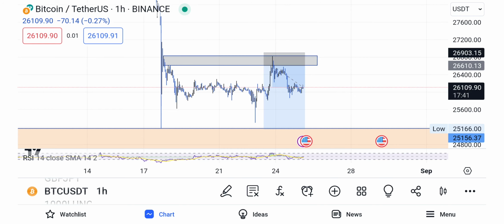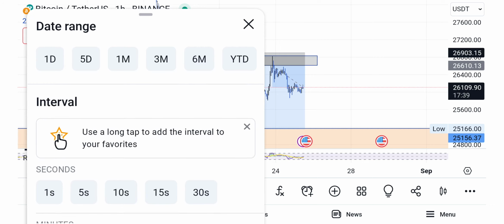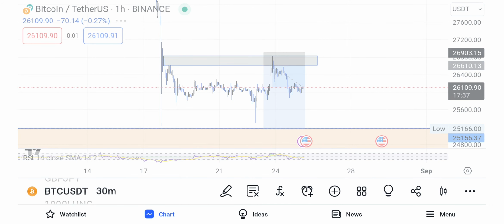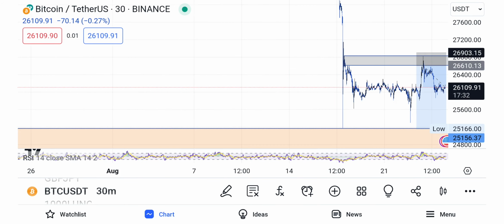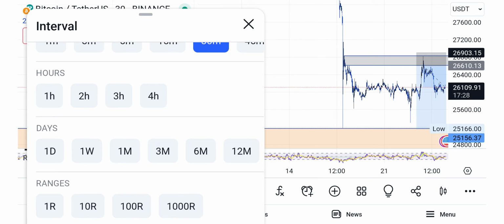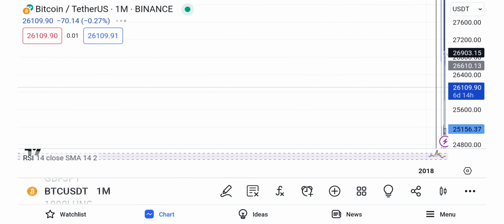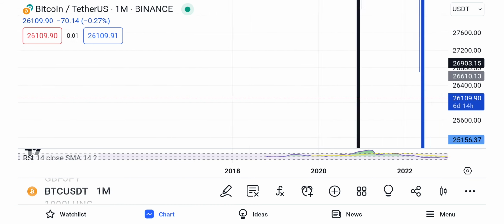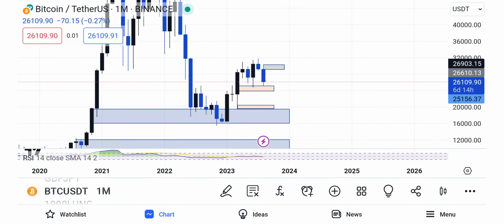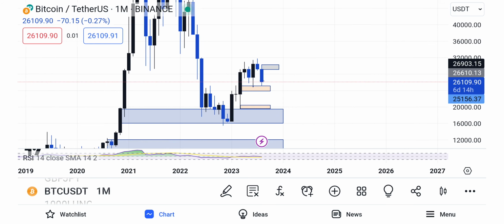Now, why we do this is to understand the general or overall trend or movement of the market. So I will select my 1 month time frame. Now I'm selecting 1 month not because I'm looking for entries. No, I selected the 1 month time frame because I want to look at the overall movement of the market.